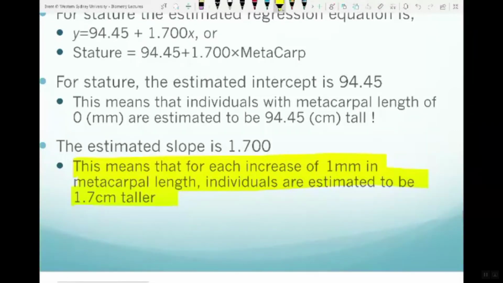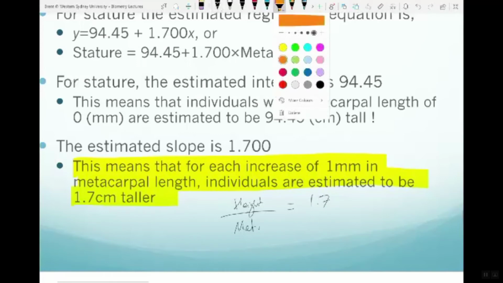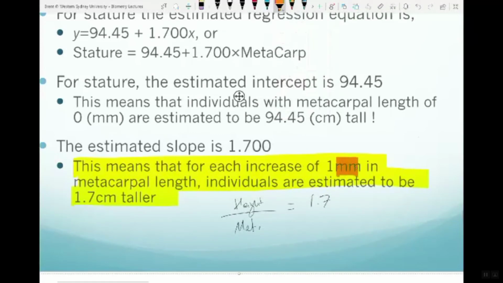It's your y variable, height, over your x variable, height or stature over metacarpus length, okay? It is equal to 1.7. So for every unit that I increase in the x direction, I'm saying that I will increase 1.7 units in the y direction, okay? And now you have to be very specific to the context of the question, starting with the units. Don't mix the units up.